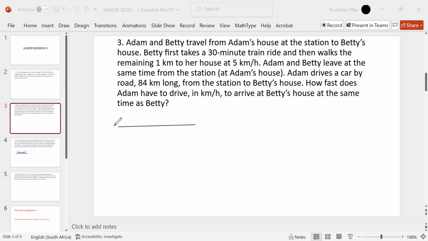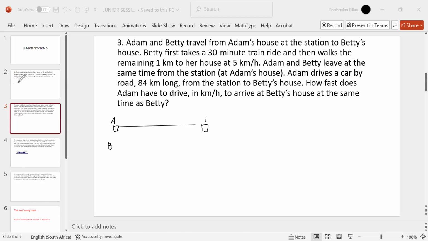So Adam and Betty, they're going from Adam's house. This is his house. That's at the station, and this is Betty's house here. All right, so they both start together.